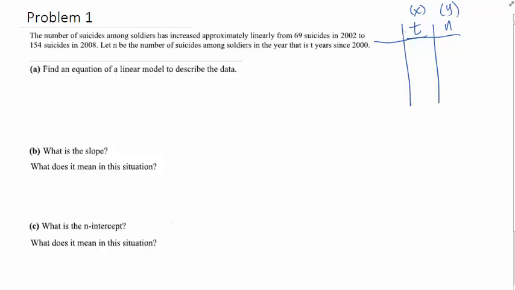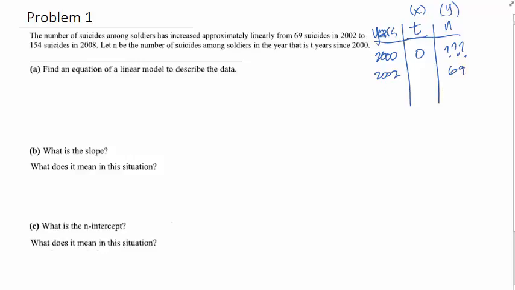And since there is a time offset for the years, we can actually list down the actual years here, and then the years since 2000 means when we're talking about 2000 we have 0 for t. Now in this problem we're not given this information, so for now let's leave it blank. But we know that in the year 2002 there were 69 suicides.